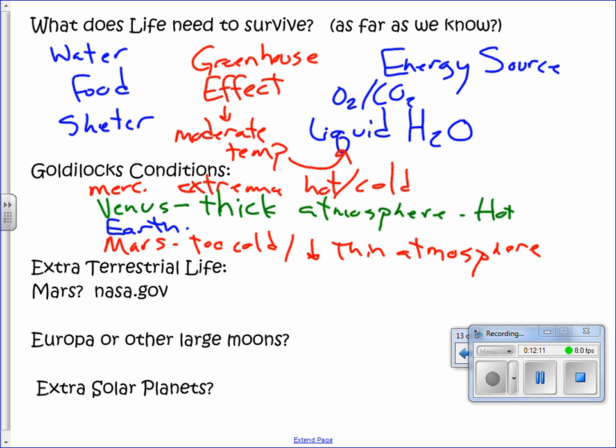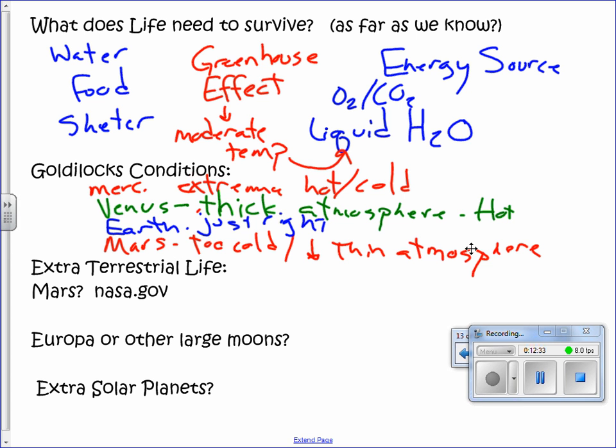So thin atmosphere, and so it's too hot, it's too cold, and Earth, of course, is just right. It's kind of funny, but they call it the Goldilocks conditions. Remember Goldilocks and the Three Bears?